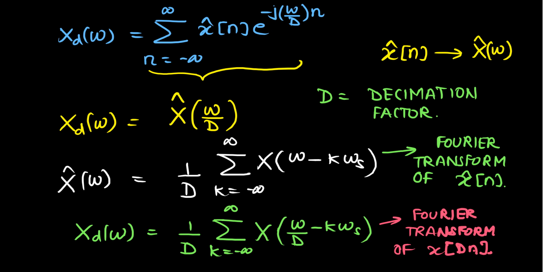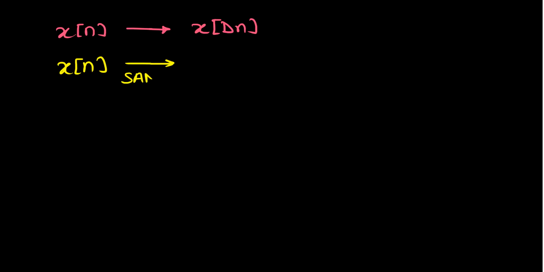Now what we have is x of n, we are decimating it by a factor of d, so we are obtaining x of dn. Now this process can also be considered as, we have x of n, we sample it by a factor of d, then we get this x hat of n, and then we perform decimation by a factor of d and we obtain x hat of dn.